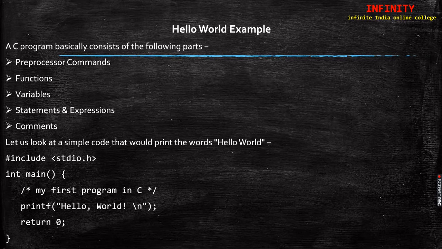Each variable in C has a specific type, which determines the size and layout of the variable's memory, the range of values that can be stored within that memory, and the set of operations that can be applied to the variable. The types are integer, character, floating point, double, and void.